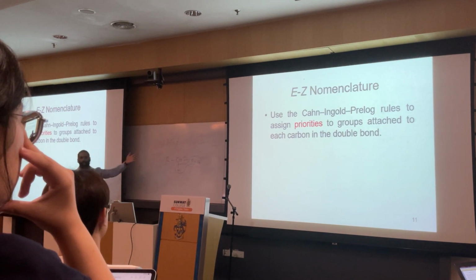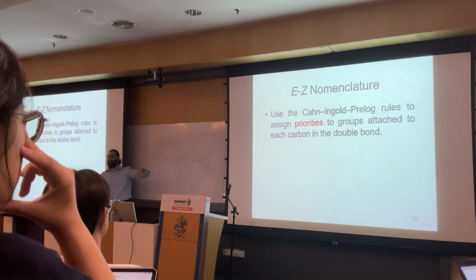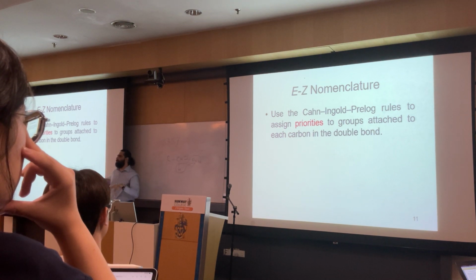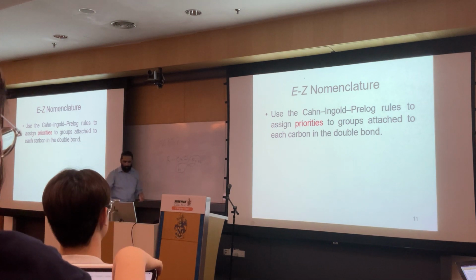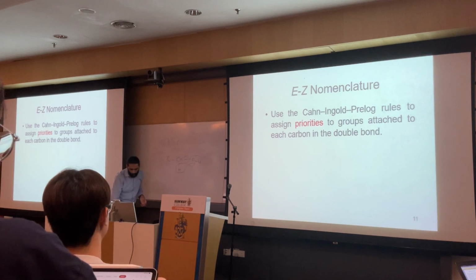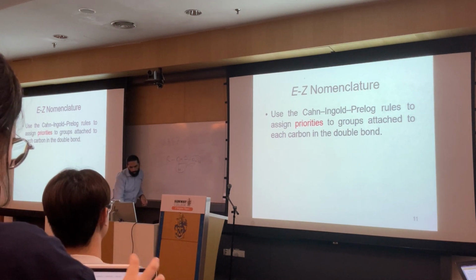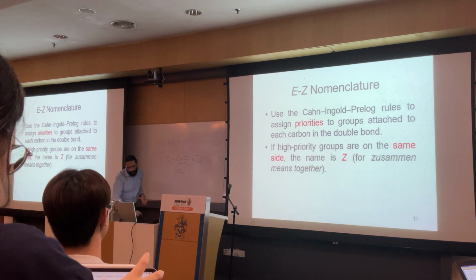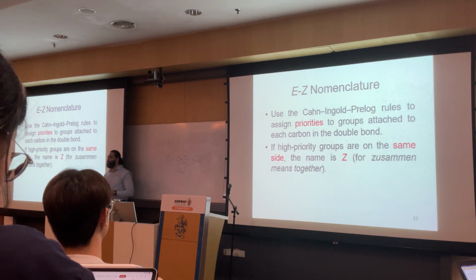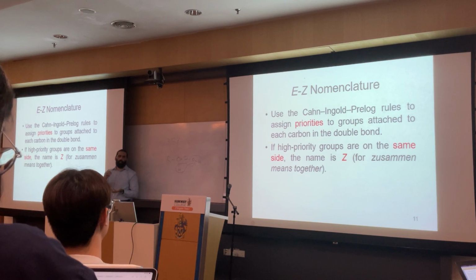So the CIP convention tells us how to systematically tell the different isomers of alkenes apart from each other. To do that, you have to assign priorities to every group which is directly attached to the carbon-carbon double bond.